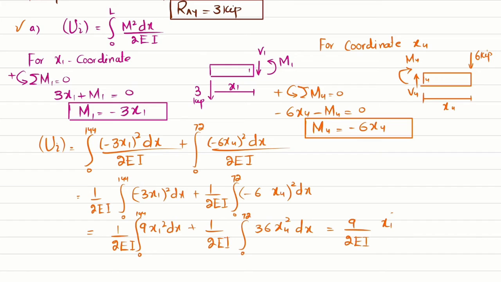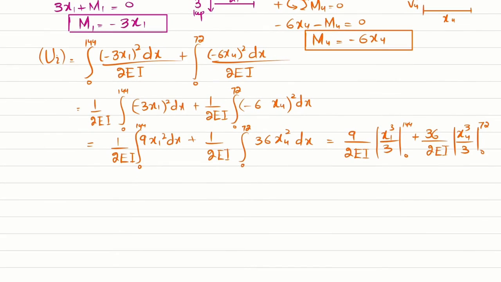And we will get 9 over 2EI integral of x1 squared, which will be x1 cubed over 3, and limit will be from 0 to 144. Similarly, 36 over 2EI and integral of x4 squared will be x4 cubed over 3, and integral from 0 to 72.